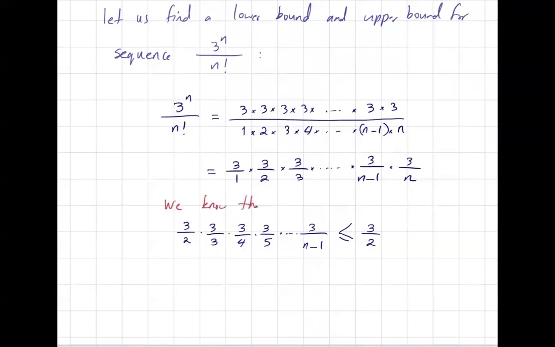We know that this is less than or equal to 3 divided by 2. But what is this quantity? This quantity is the middle quantity here. So if I multiply both sides by 3 over 1 and 3 over n, this is what I get.